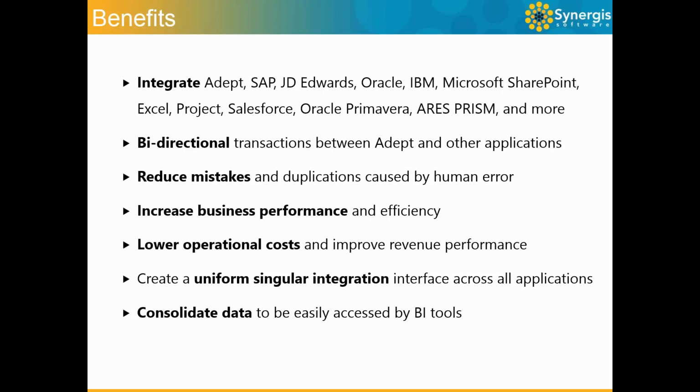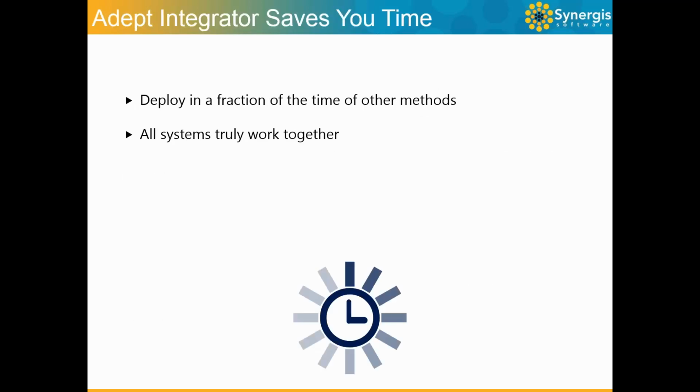Consolidating data into BI and other tools is very simply done. So the takeaway point for you here is that we can deploy integrations in a fraction of the time of traditional methods, what I would term point-to-point type integrations. And all the systems will truly work together in a bidirectional manner.